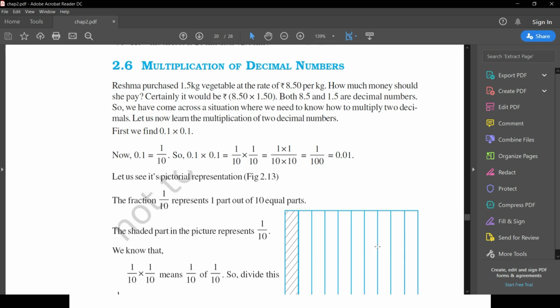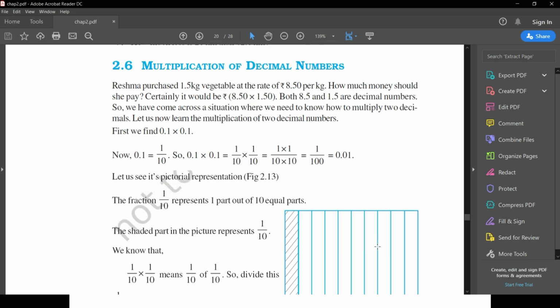Now see another multiplication, 0.1 into 0.1. 0.1 can be written as 1 by 10. So we can write 0.1 into 0.1 as 1 by 10 into 1 by 10, that will be 1 by 100, and the result will be 0.01. This is also one method: converting the decimal into fractions, multiplying simply to get the final fraction, and converting back into decimals.